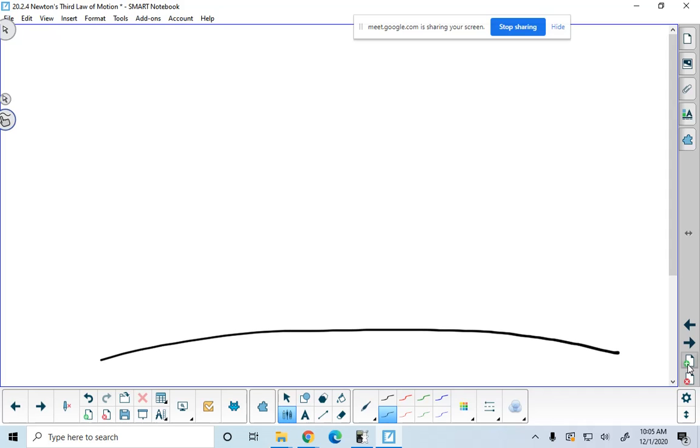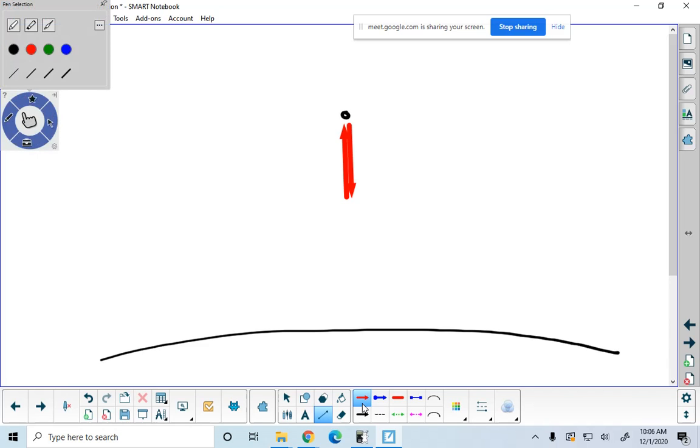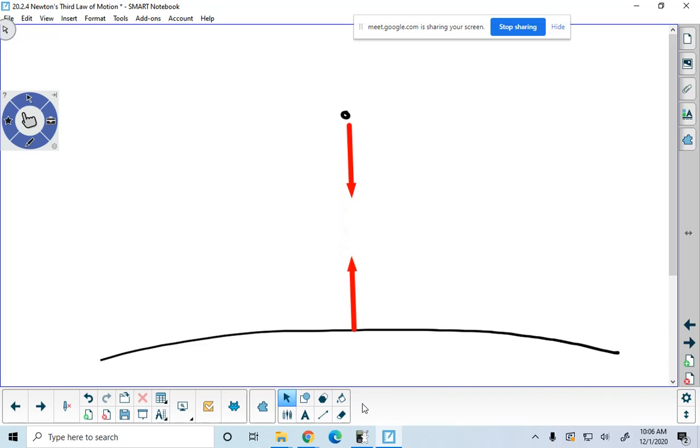When I drop an apple, there is a force acting on the apple towards the Earth because the apple is attracted to the Earth. But the fact of the matter is, the apple pulls the Earth towards it. This is what a force of gravity actually is. A force of gravity is an attraction due to gravitational properties of matter between two objects. And in this case, the apple and the Earth are attracted to each other.